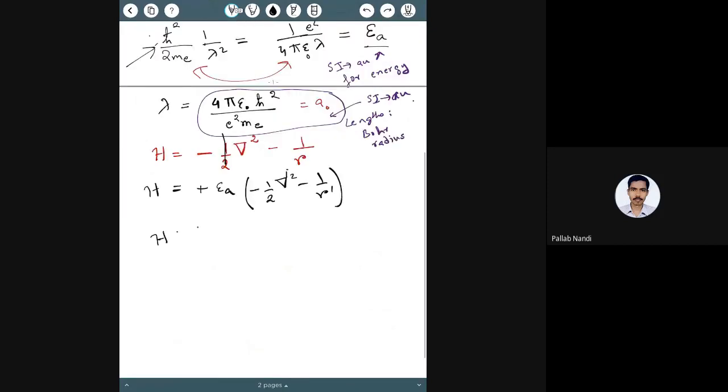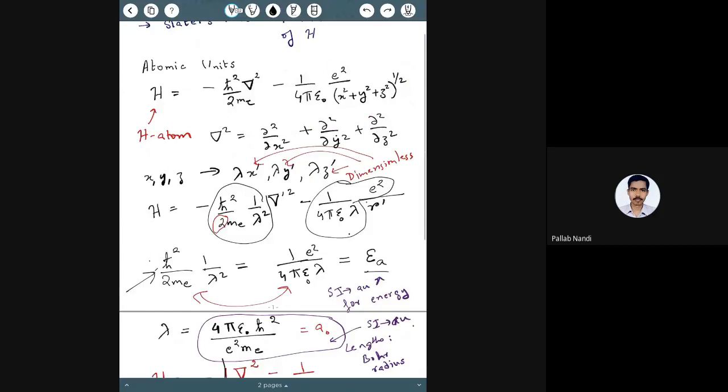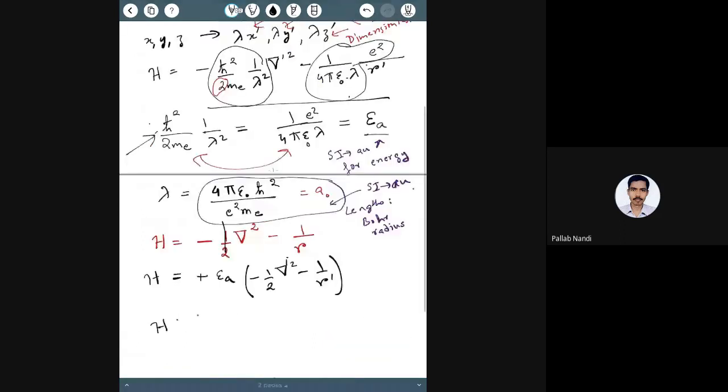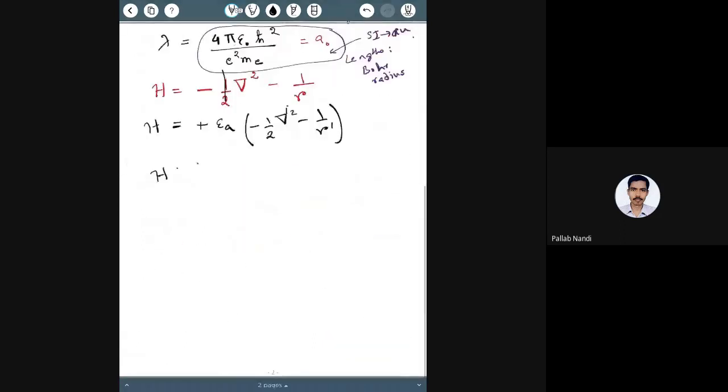So over here, if I put epsilon A or EA, whatever you like to call it, I have EA in both the terms, and I can take that common, and I get the Hamiltonian in the dimensionless form that I want. And now I write this scaled Schrodinger equation. Because I'm writing a scaled Schrodinger equation, I'm writing the wave function with a prime.